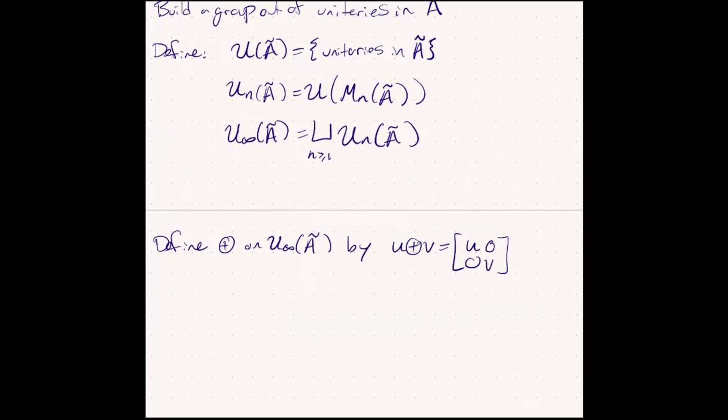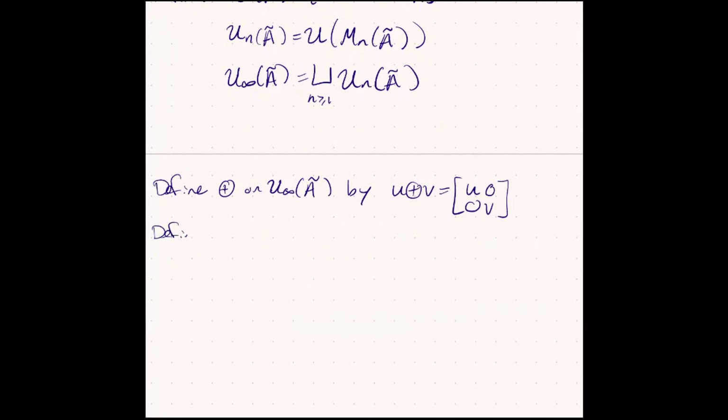And then we can also define an equivalence relation, which now I'll call tilde 1 equivalence, where two unitaries U and V are equivalent. Let's give them sizes for their matrices since they're in matrix amplifications. So let's say U is in U_N of A tilde, V is in U_M of A tilde.